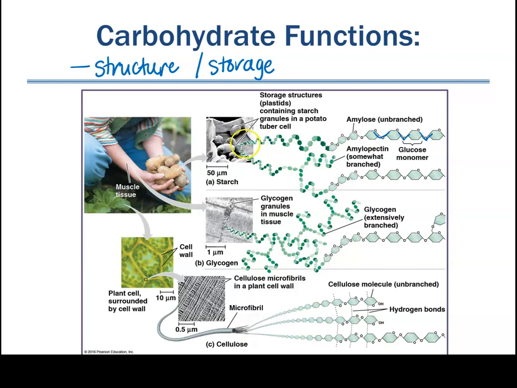So if you look really closely at this picture, I know it's a little confusing, it's just a chain of glucose molecules. So it's just a long chain. And because it's a simple long chain, it's easy to break off the glucose, and that's going to allow us to get quick energy from starch.